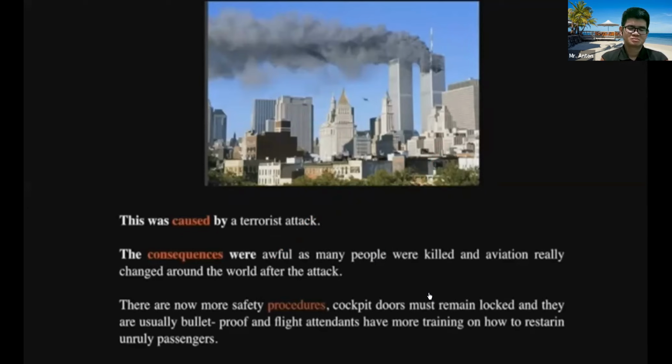There are now more safety procedures, cockpit doors must remain locked, and they are usually bulletproof. And flight attendants have more training on how to restrain unruly passengers. I have never had such a terrible situation. I have had a similar situation.